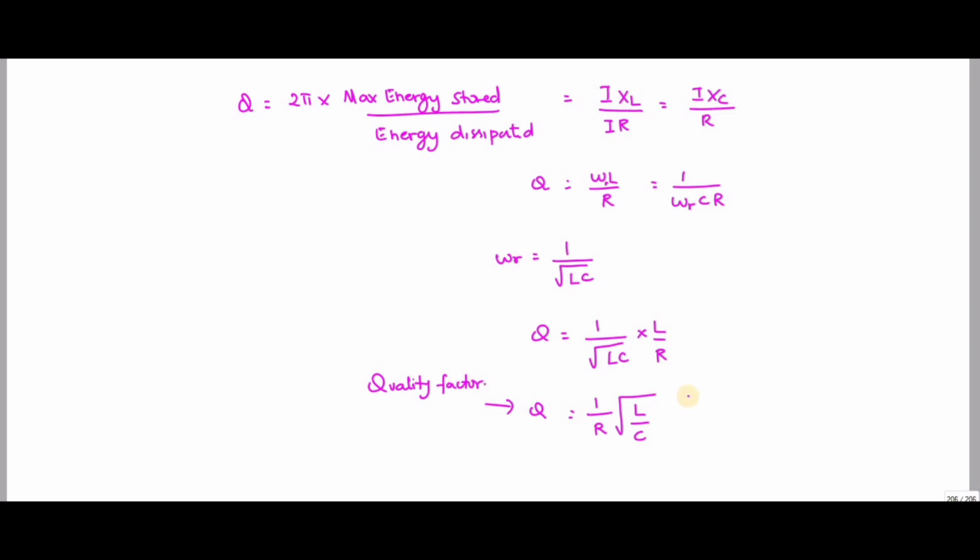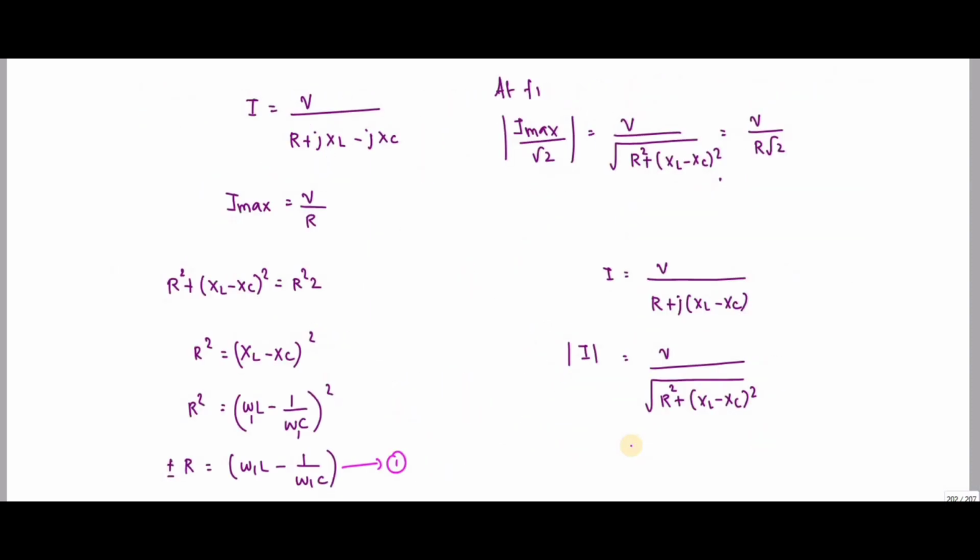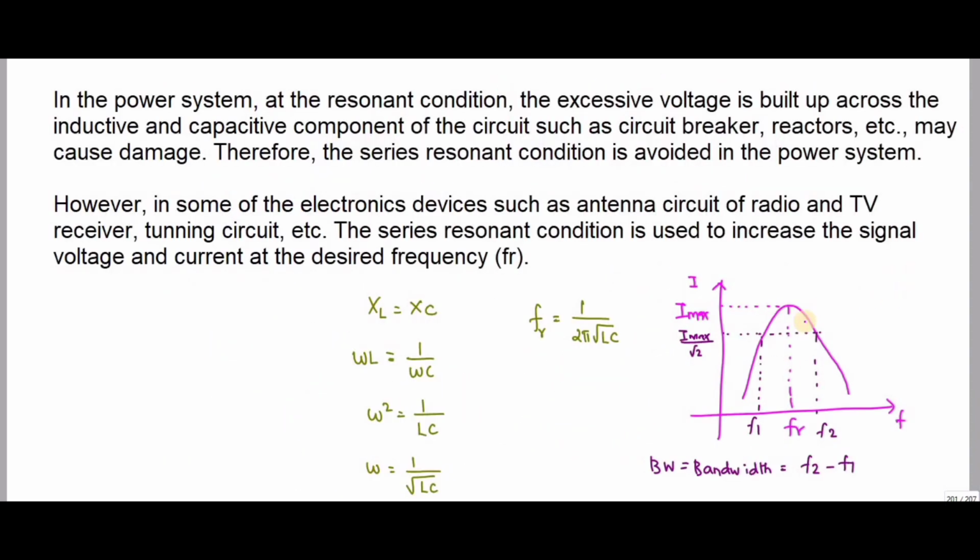And it also determines the selectivity of the circuit. So if we see this curve, here the I is looking like this. Here for this one the R value is minimum.